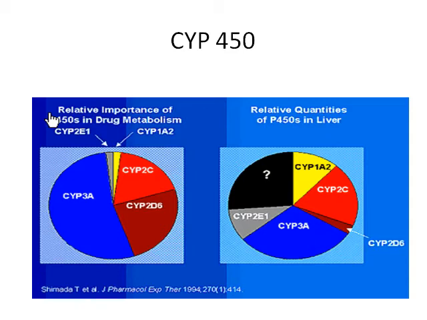About another 25% is 2D6, and the remainder, less than 25%, is by other cytochrome P450s. On the right-hand side, you see that 3A and 2D6 account for only a little over a fourth of the total enzyme in the liver. So 3A and 2D6 are two very important isozymes that metabolize a number of drugs.